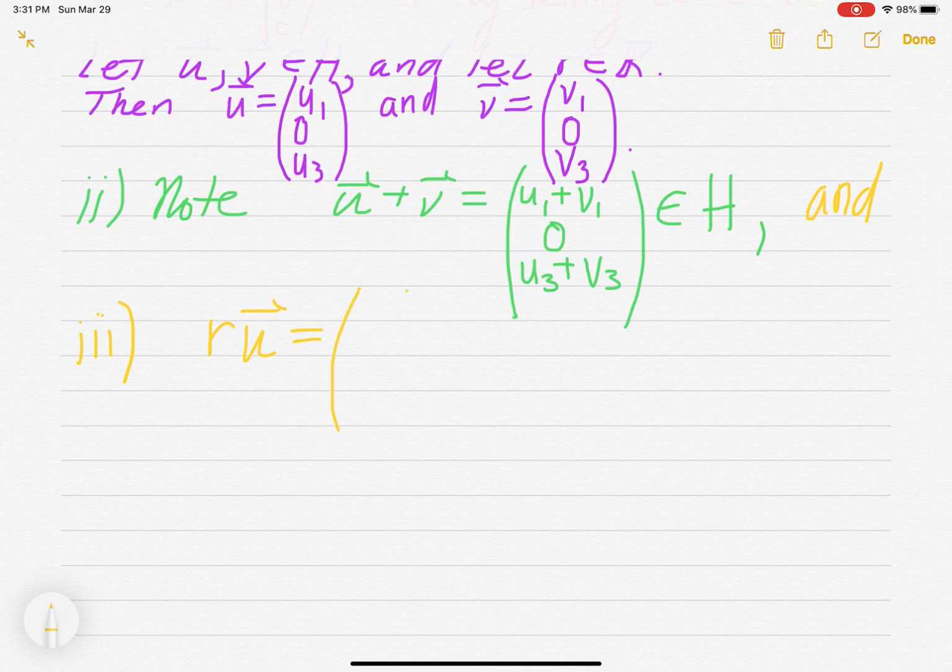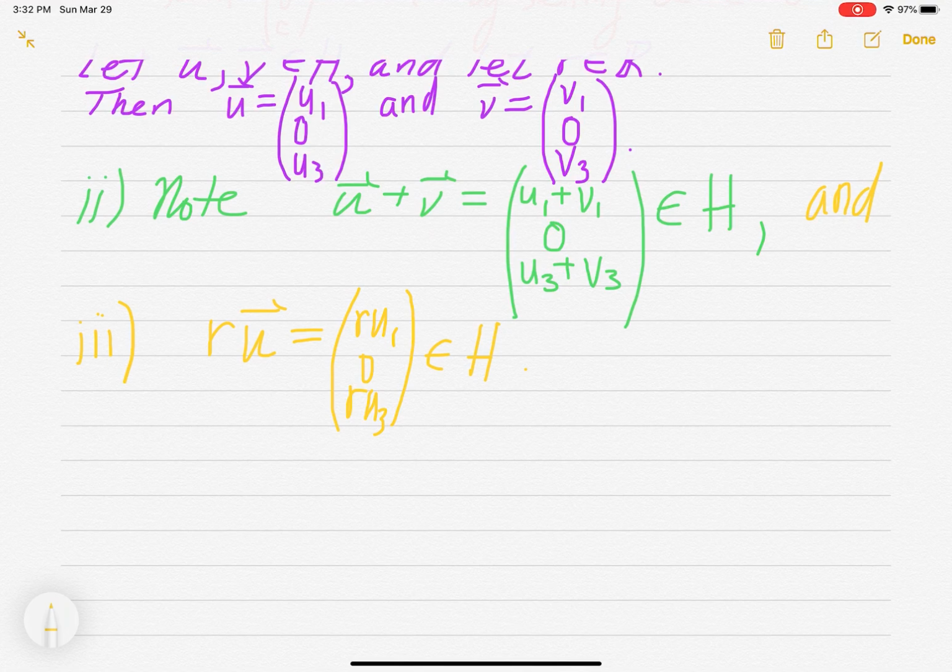Look at vector U. U was U1, 0, U3. So when you scale that by R, you're going to have RU1. R times 0 is going to be 0, and then RU3 will be your third entry. So the question is, is this resultant vector RU in H? And it is. H took on the form of an arbitrary entry in the first place, 0 in the second place, and an arbitrary entry in the third place. And that's exactly what we have. So this is an element of H.